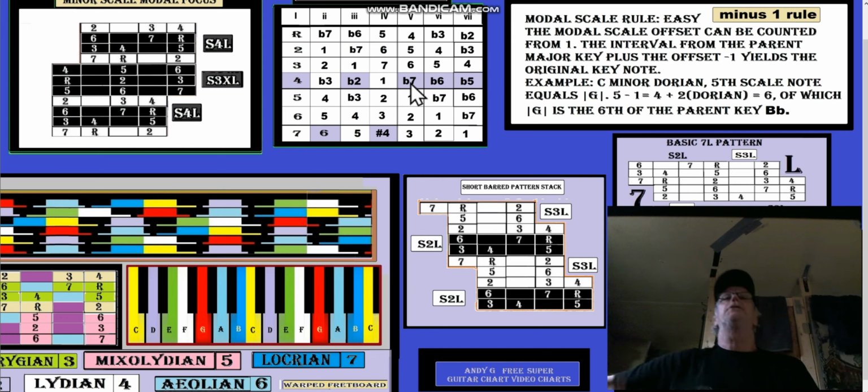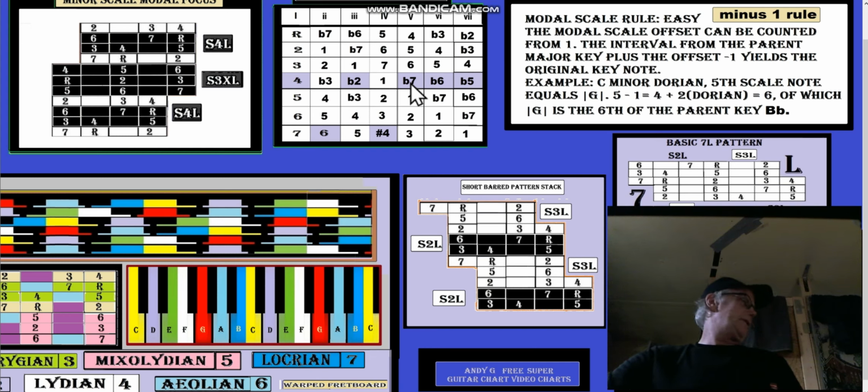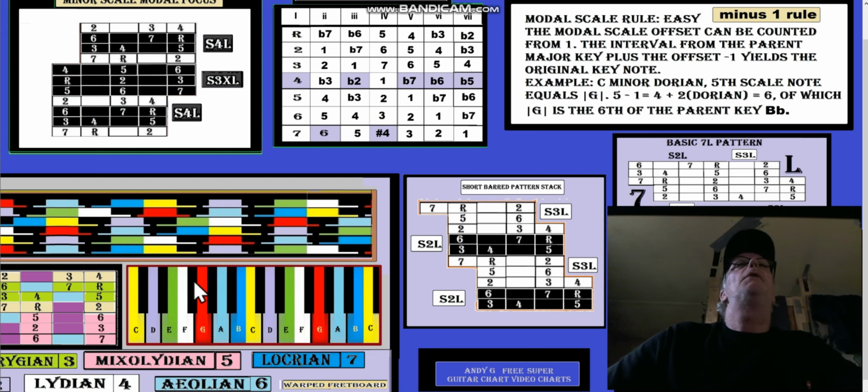How do you tell what key that song is? Because you want to know which minor it is. Let's look at that. I think that was F. That was F minor. So it was F, A flat, C.